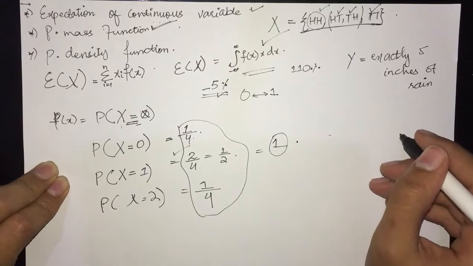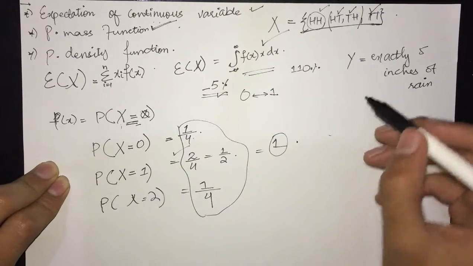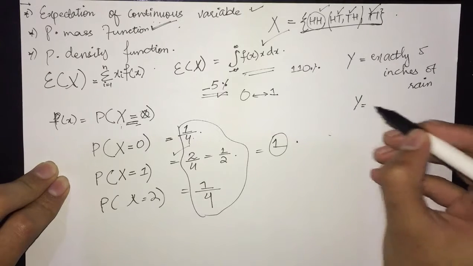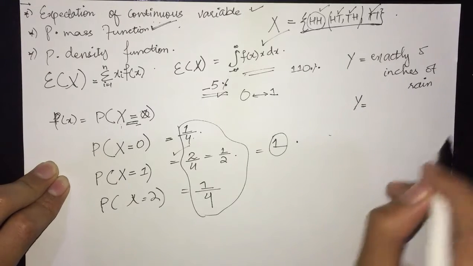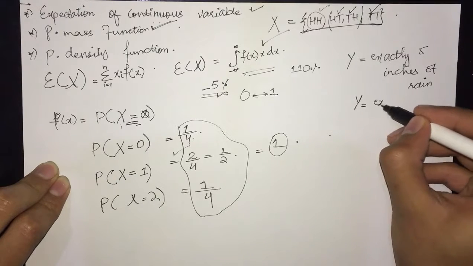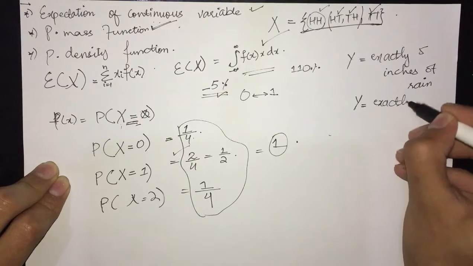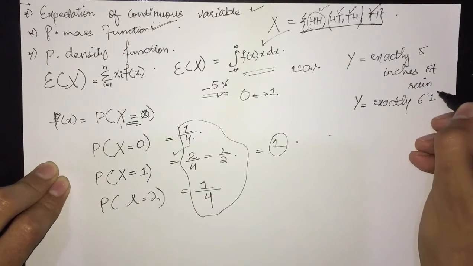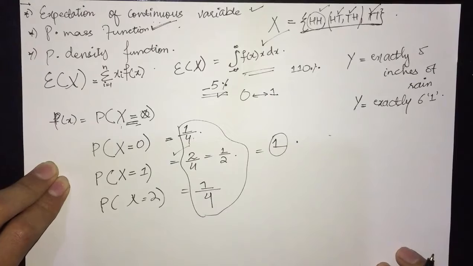Or let me give you guys another example. If I say Y is also a random variable, and I say what is the probability of my height being exactly 6 feet and 1 inches? Exactly 6 feet and 1 inches.